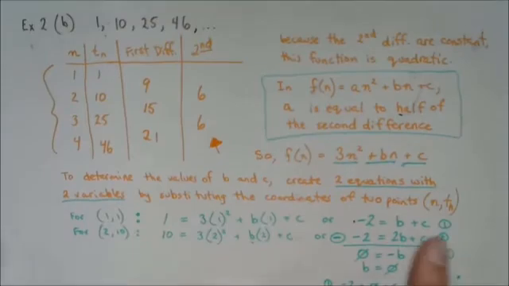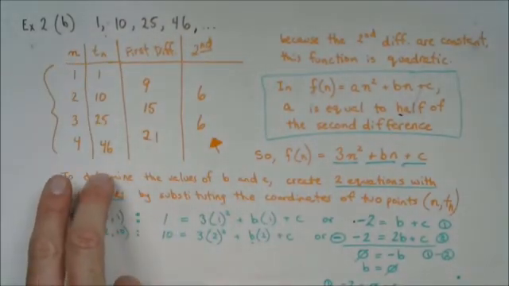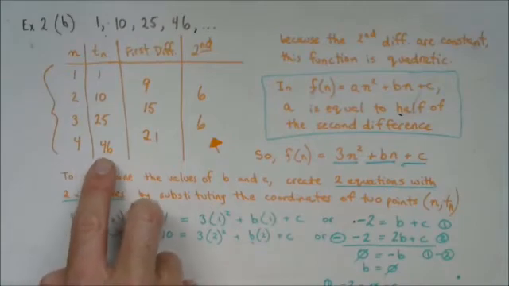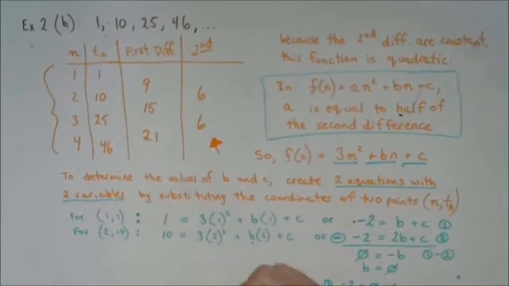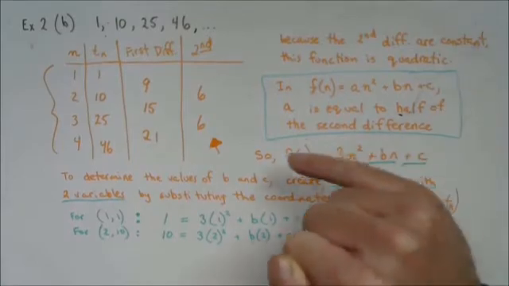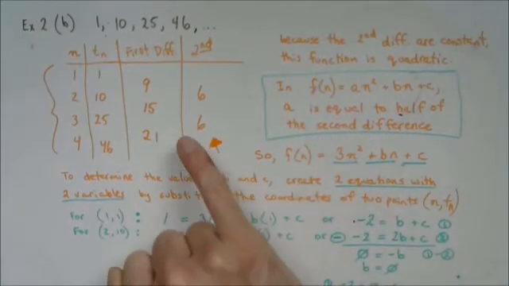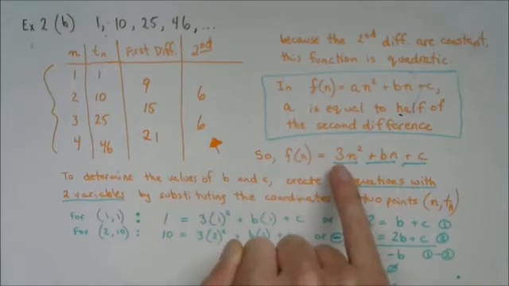All right, just before we move on, we started with a given sequence. We created a table of values matching the term number with the value. Found the first differences, they weren't constant. Found the second differences, they were constant. That told us that it was going to be a quadratic function. We learned that a is equal to half of the second difference. So that gave us our first parameter there in our function.